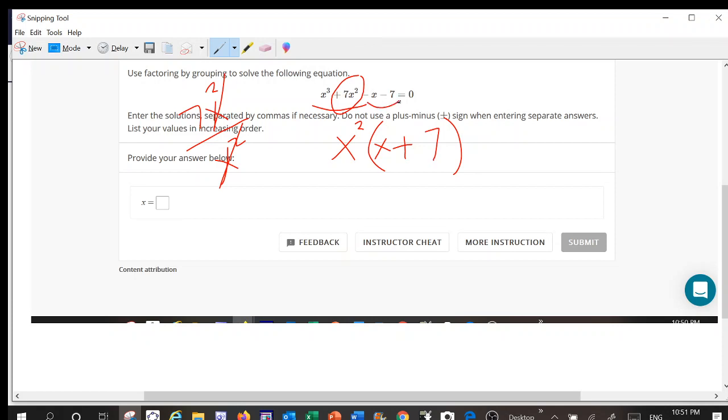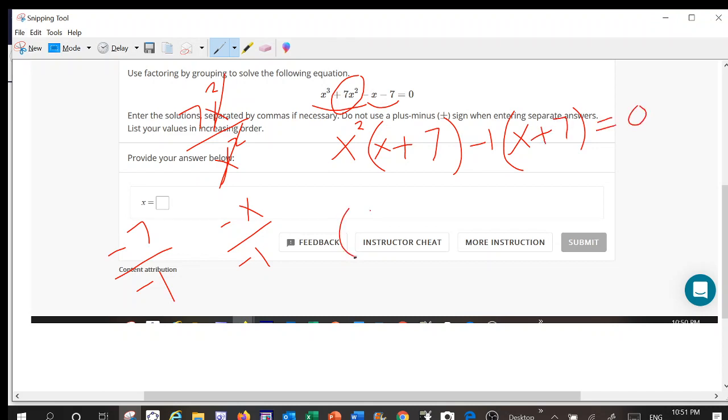Now these two have negative 1 in common. So what do you get if you take negative 1 out of negative x? We get x. And what do you get if you take negative 1 out of negative 7? You get plus 7. Now they have x plus 7 in common. So again, what did we do?